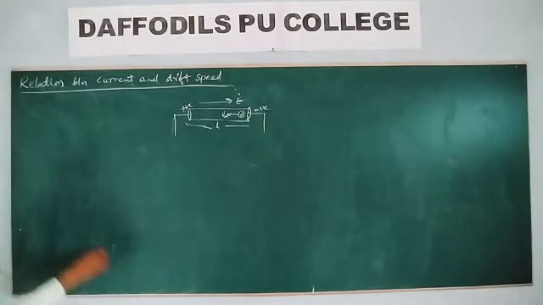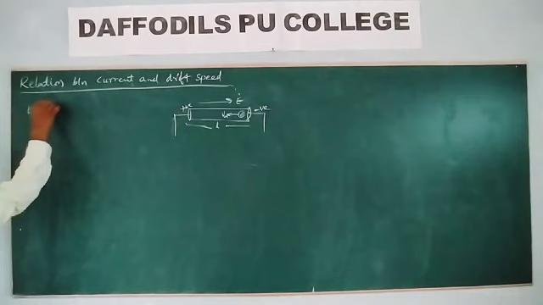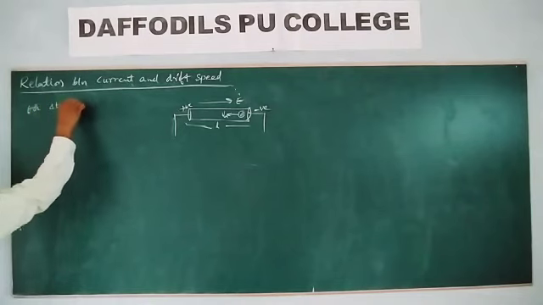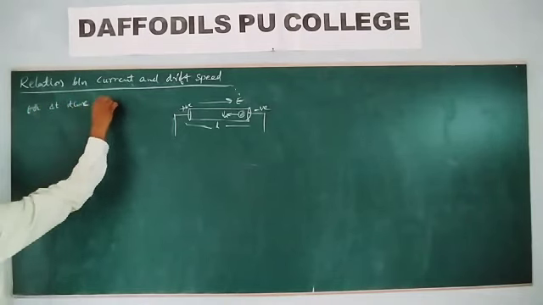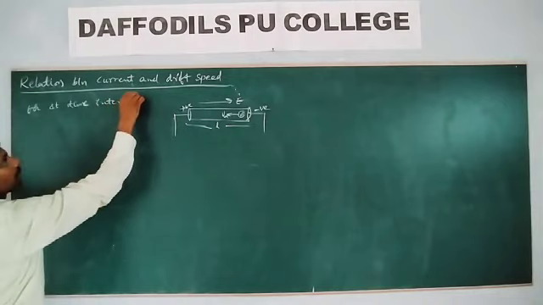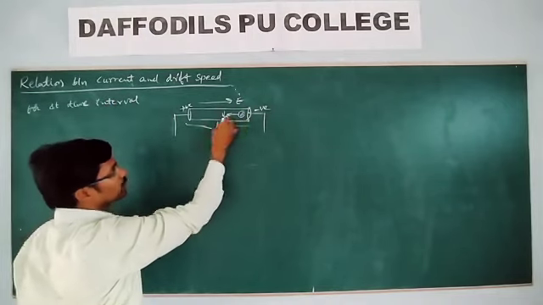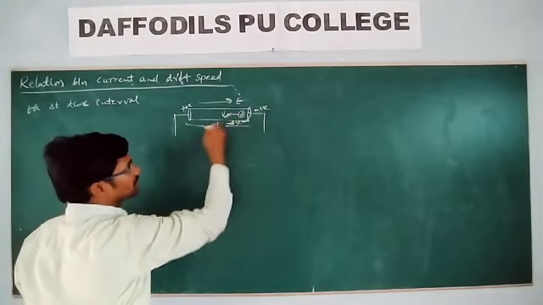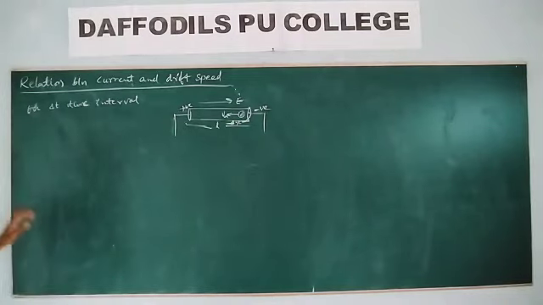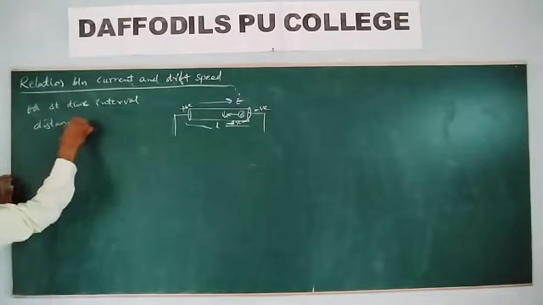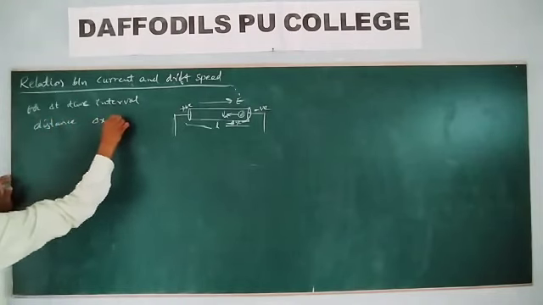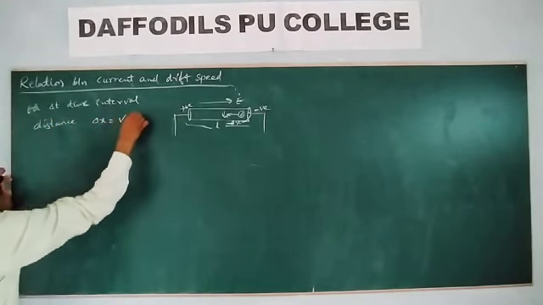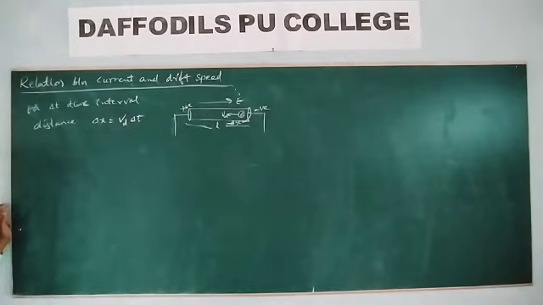Now, for a small time interval delta t, if an electron moves by a distance delta x, then what is the distance traveled? Distance traveled delta x is equal to Vd into delta t.